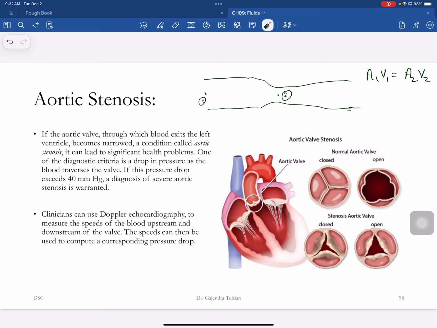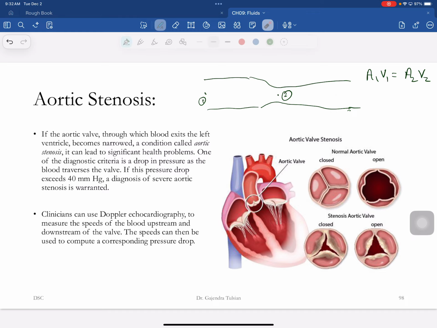Now, in a hospital, a doctor can't see these valves. What they can do is measure the speed of the blood before the blood enters the valve and after the blood goes past the valve. And if the valve is too narrow, the blood downstream is going much faster.